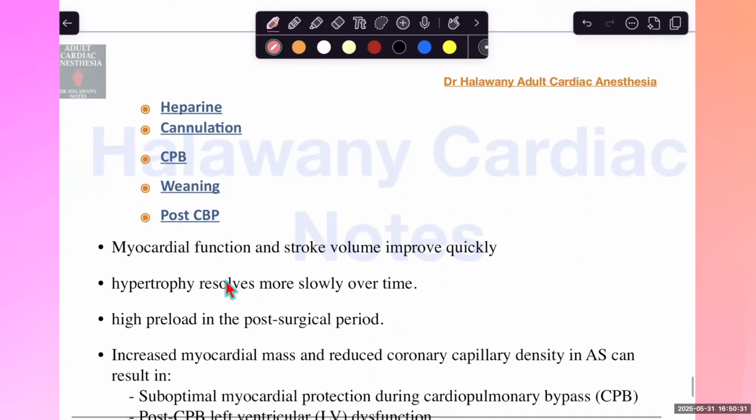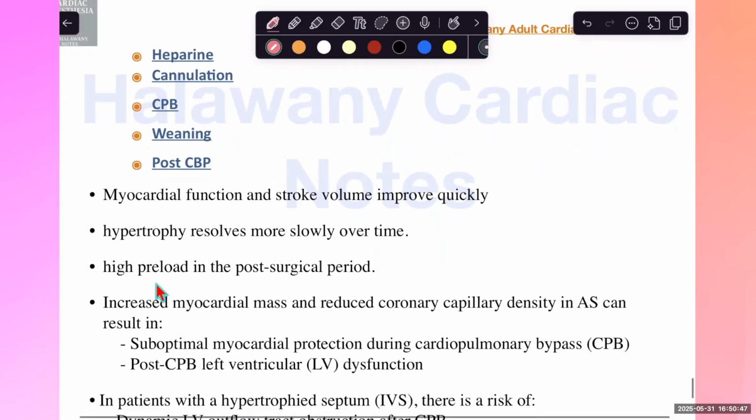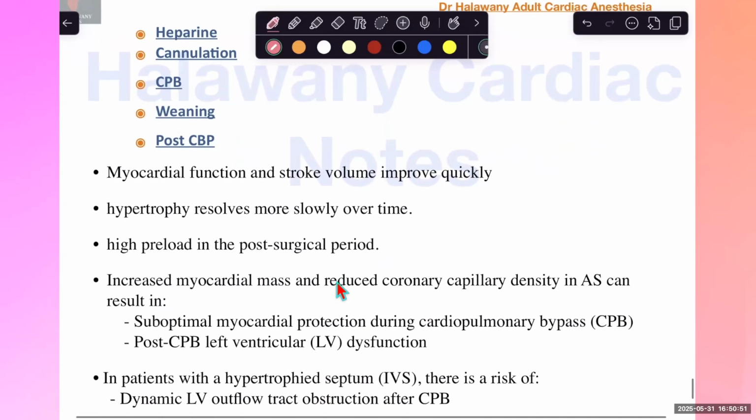Some tricky points I need you to be aware of. Myocardial function and stroke volume improve quickly after bypass. The function will get better, the stroke volume will get better, but hypertrophy will resolve more slowly over time. You will need a good or high preload in the post-surgical period. Don't keep the patient hypovolemic because of the thick myocardial mass.